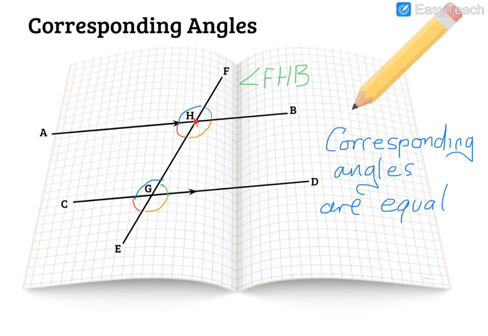I could call it HGD, couldn't I? So angle HGD. Those two are corresponding angles, and that is how I would name them. If you need a reminder on how we name angles, a couple of weeks ago is when those videos would have been posted, so have a little look at those, or ask your teacher if you're not sure.